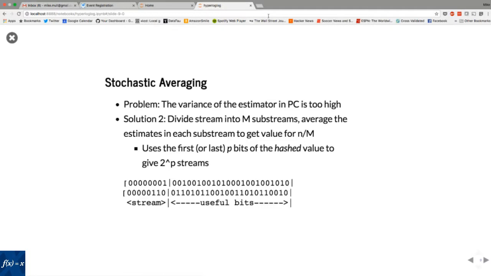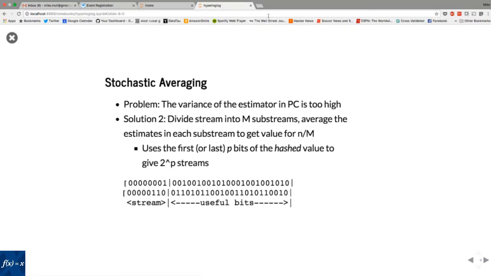And again, this comes into play in almost every subsequent algorithm in this lineage. So LogLog, HyperLogLog, and Google's HyperLogLog++ all use some variation of this. And it doesn't really matter if you use the first bits or the last bits. You just have some subset, usually at the beginning or the end of the hashed value, to use as the index into the stream.